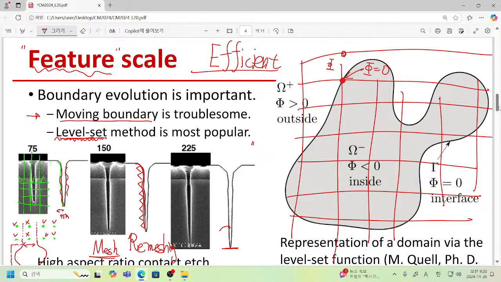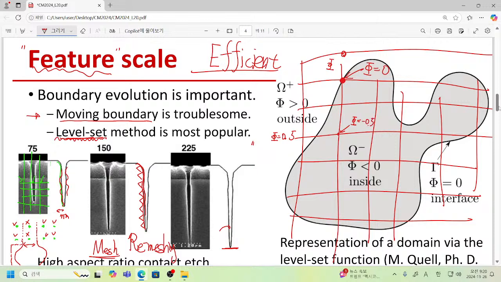So now think about this one. Here we have a level function corresponding to 0.5, and at this point we have a level function corresponding to minus 0.5.